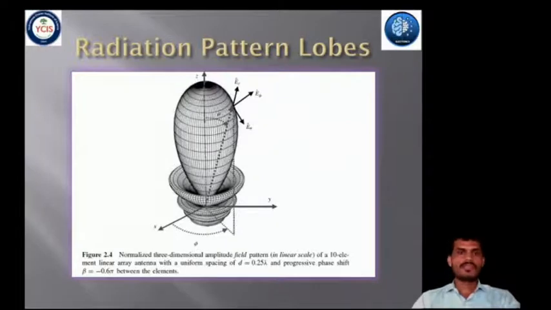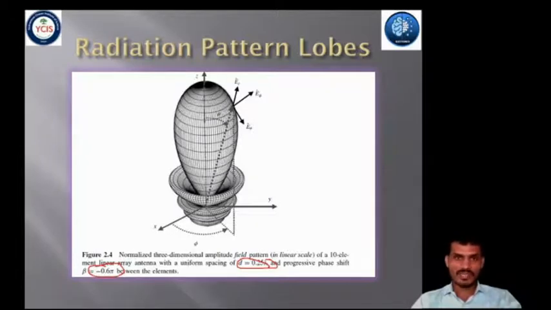This is the normalized three-dimensional amplitude field pattern in linear scale of the 10-element linear array with uniform spacing d equal to 0.25 lambda, and phase shift beta equal to 0.6 pi between elements.